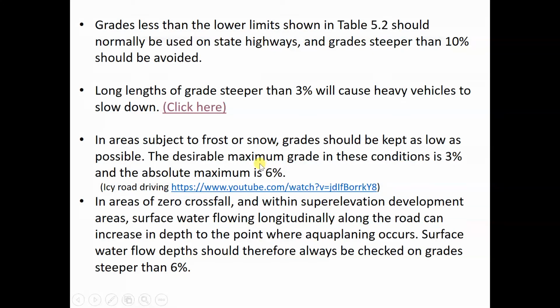So yeah, that one is an exception. But as a general guide, if some place is susceptible to snow, they need to be like 3% and most absolute maximum of 6%.